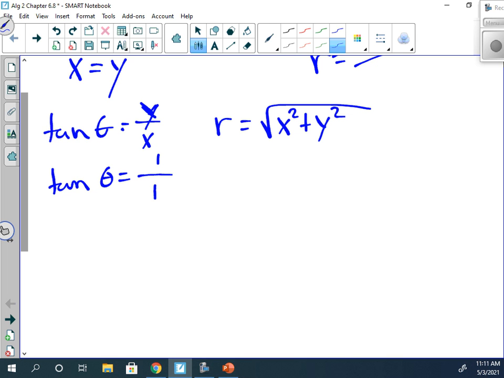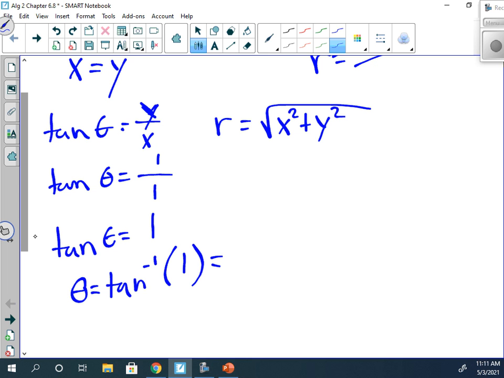1 over 1, or tangent of theta is equal to 1. So theta is equal to tangent inverse of 1. And what is tangent inverse of 1? Approximate that.